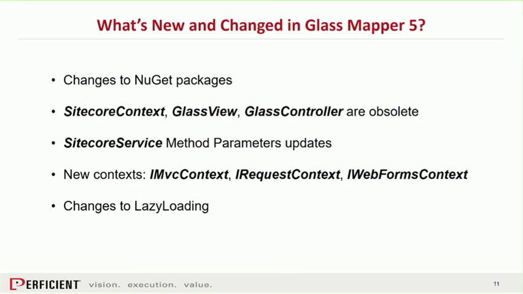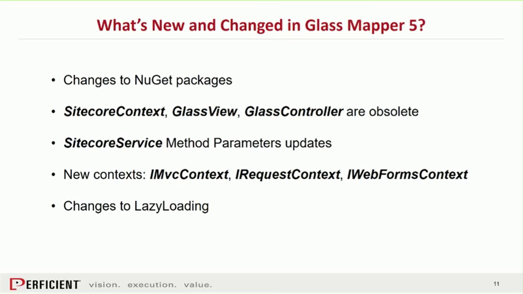The second change is that Sitecore context, GlassView, and Glass Controller are now obsolete. You're not going to need these any longer. So why? Sitecore context before was responsible for a mixture of database access and request context.